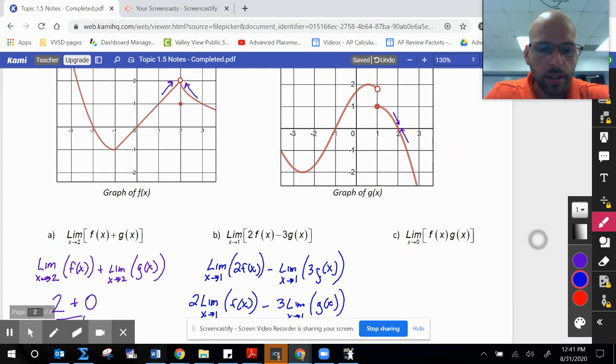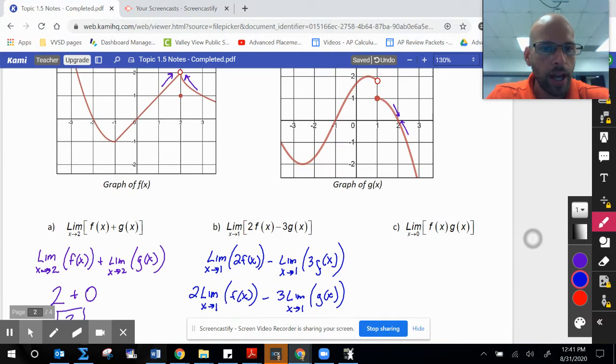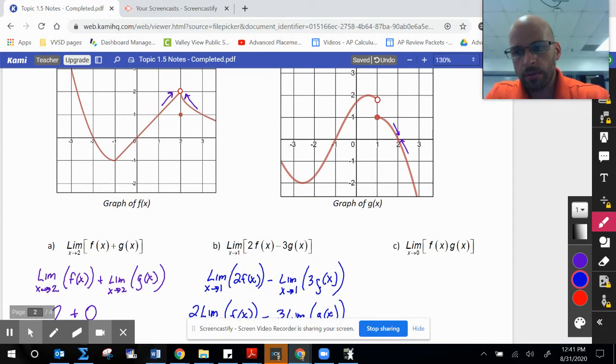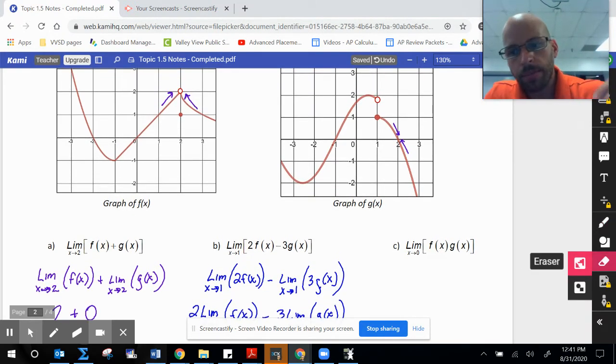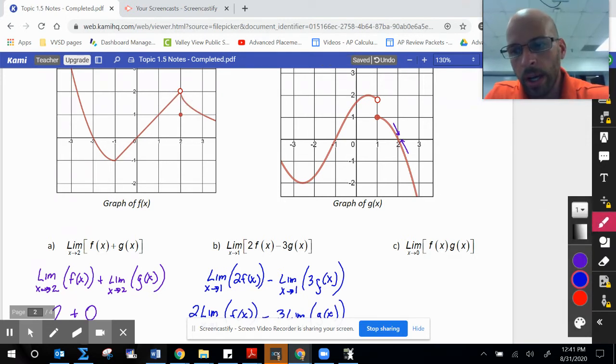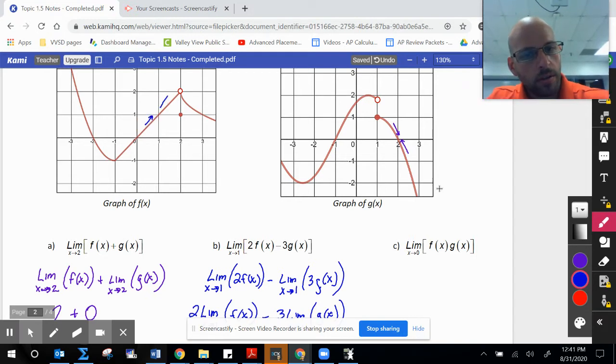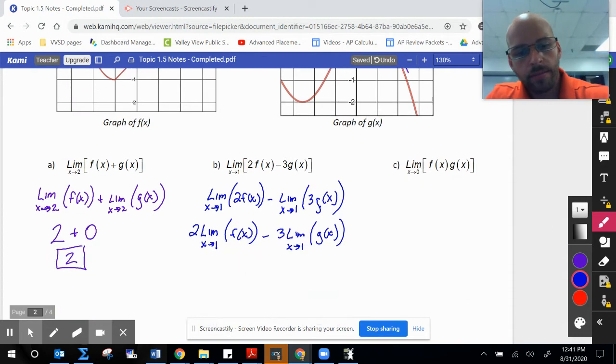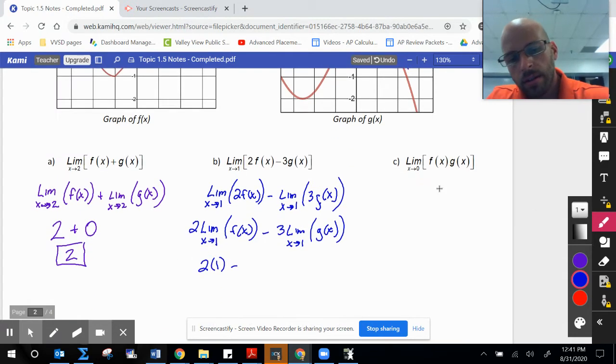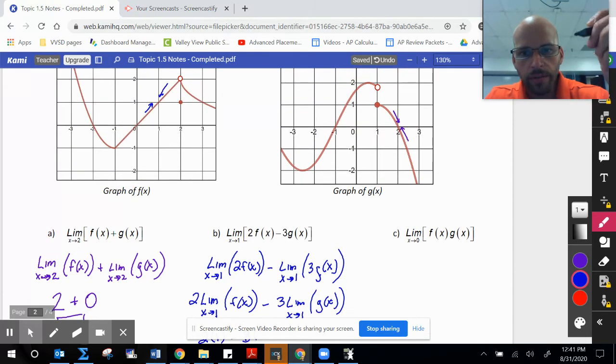So now if I evaluate the limit as x approaches 1 of f of x, which is going to be a y value of 1. So I'll have 2 times 1 minus 3 times g of x at 1.